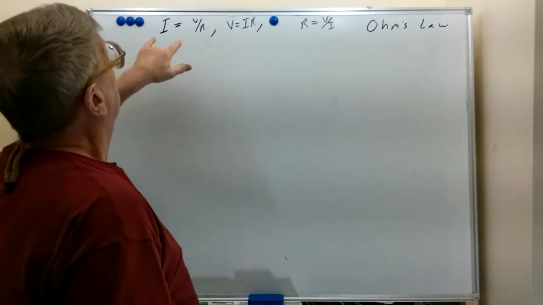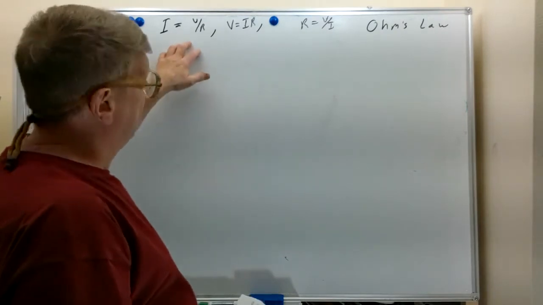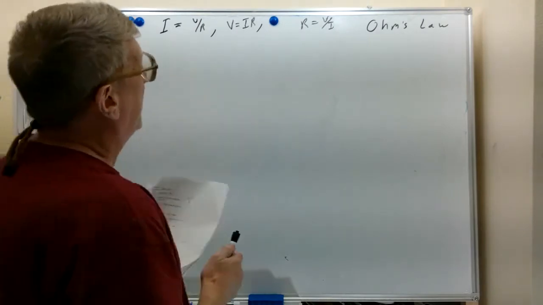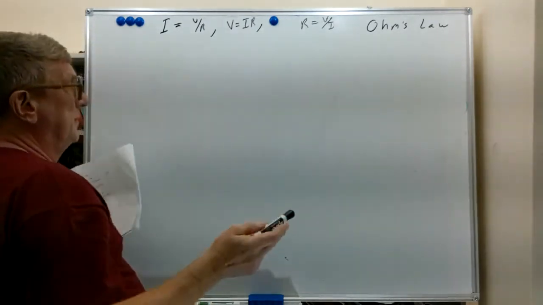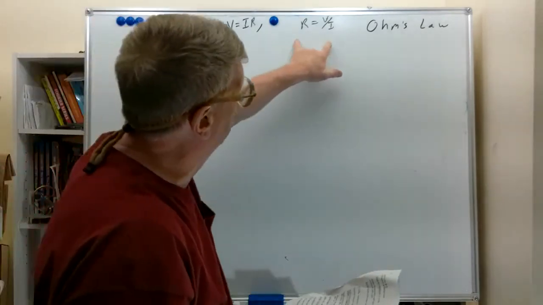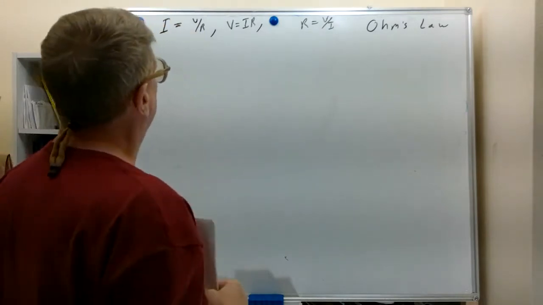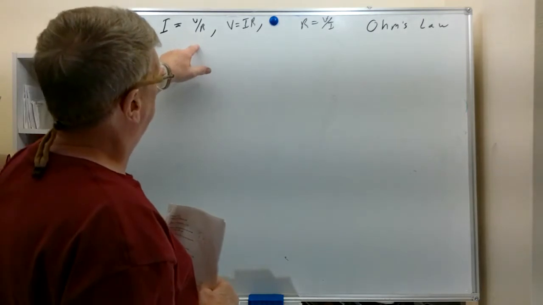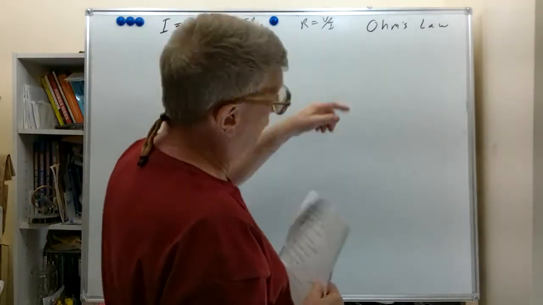We started with the equation for current given voltage and resistance, and we modified this to solve for voltage using simple algebra, and we modified again to solve for resistance. So we've got three forms. These are all Ohm's law. It's basically the same equation rearranged to solve for a different variable, and we see that current is equal to voltage divided by resistance, voltage is equal to current times resistance, and resistance is equal to voltage divided by current.